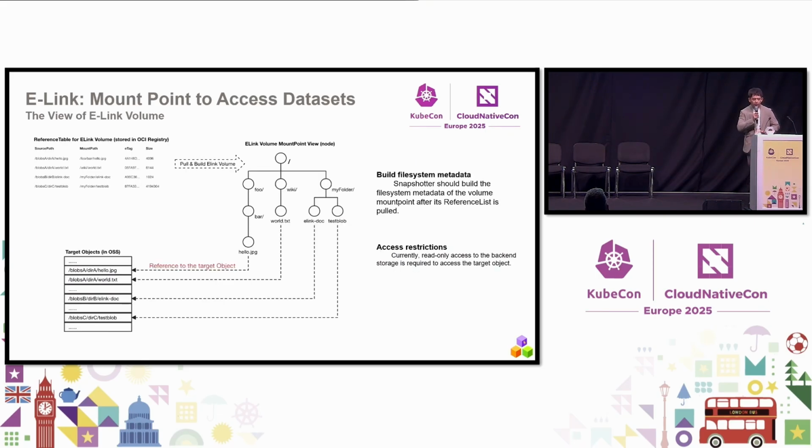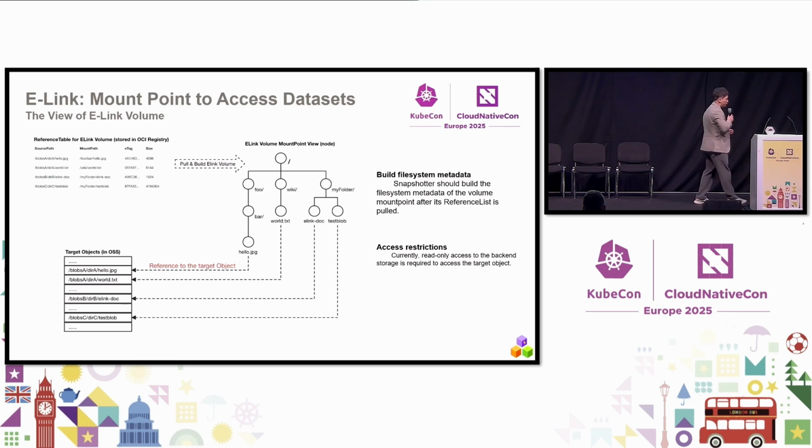When we create an E-link mount point, the container runtime should pull and unpack the reference list through the regular image pulling process. And the snapshotter will create the mount point by parsing the reference items.